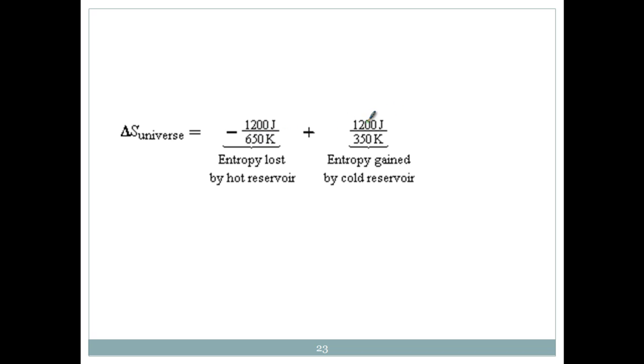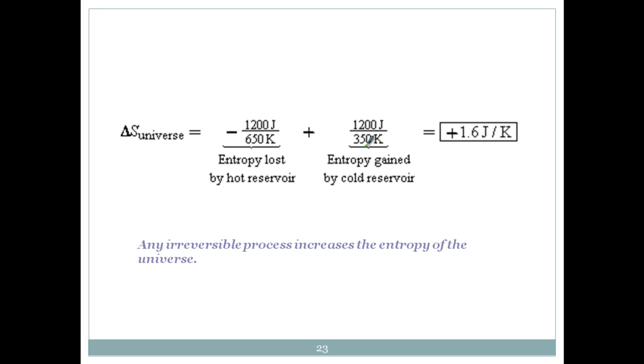And then the 1200 joules flows into the cold, divided by the temperature of the cold. So we do that in our calculators, and you get 1.6 joules per Kelvin. These are actually pretty easy equations to work with. So any irreversible process increases the entropy of the universe.